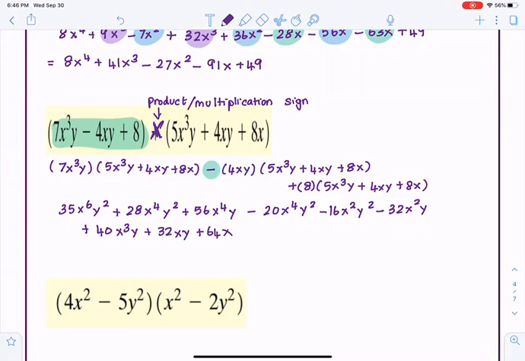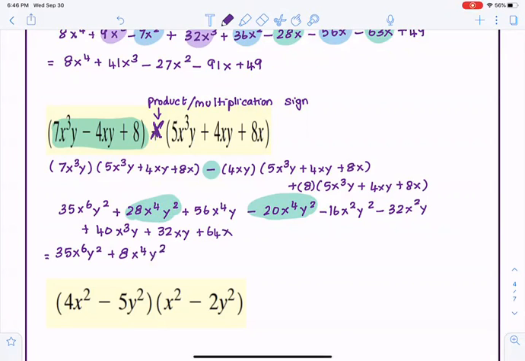So the common terms, clearly 35x raised 6y squared is by itself, so we'll leave that as is. X raised 4y squared, so there is 1, 2, and that's all, which would give us 8x raised 4y squared.